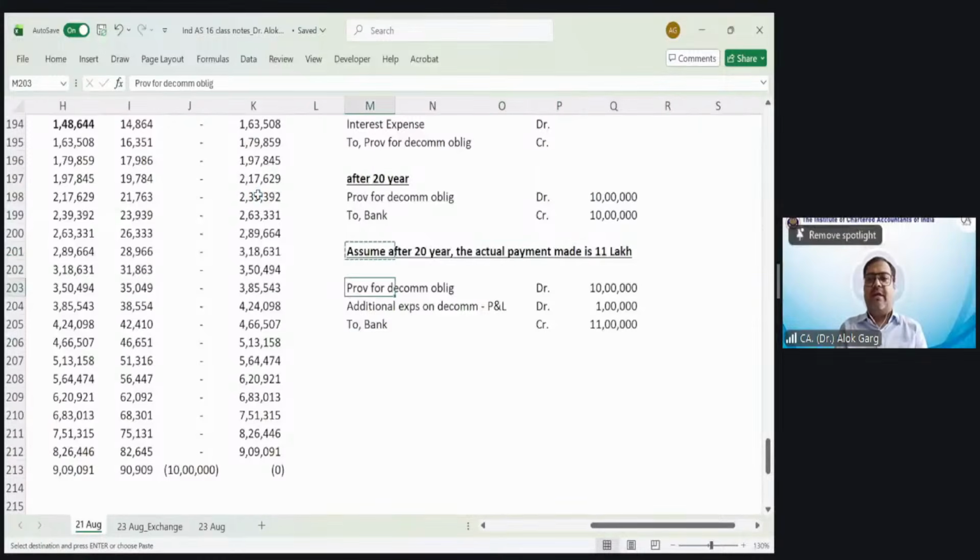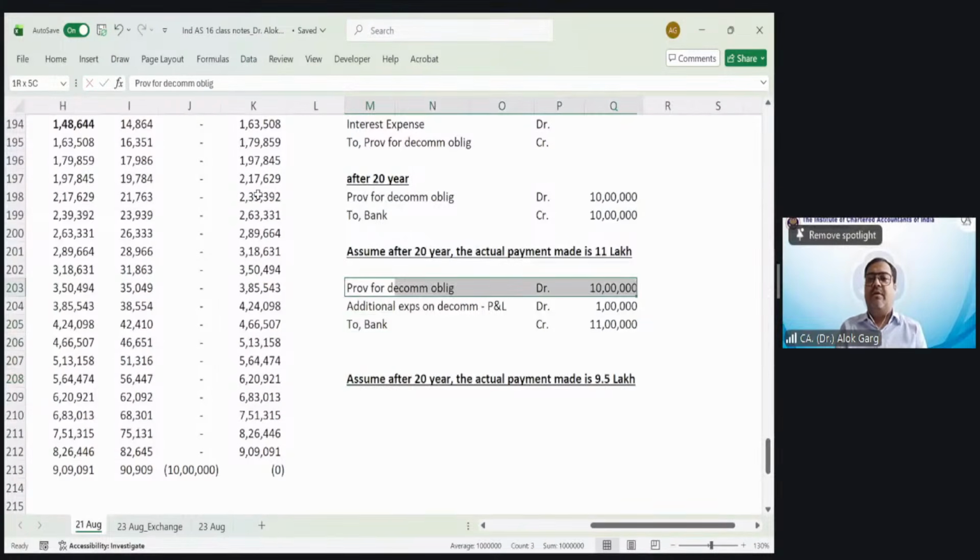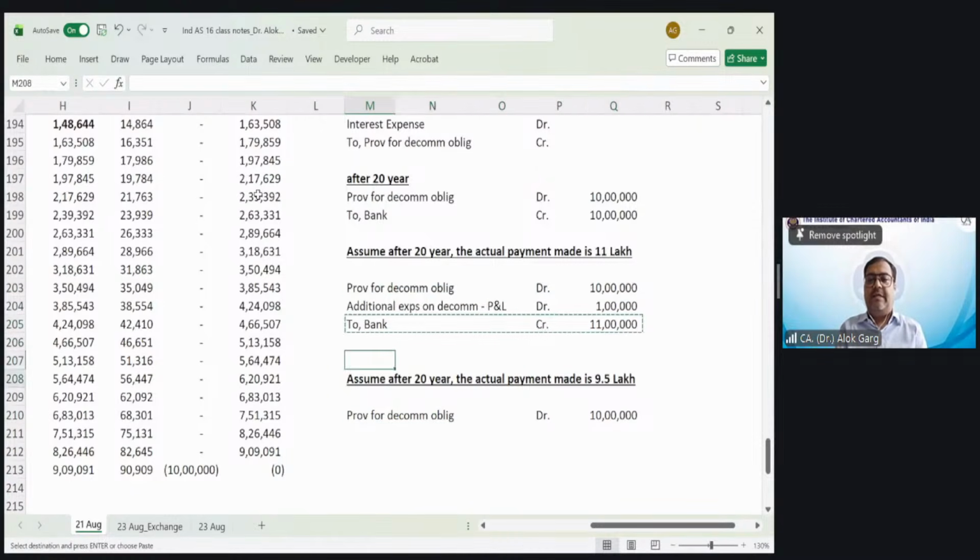Assuming after 20 years, the actual payment made is 9.5 lakh. Then what is the accounting entry? Provision for decommissioning obligation account debit 10 lakh, to bank 9,50,000. Right.